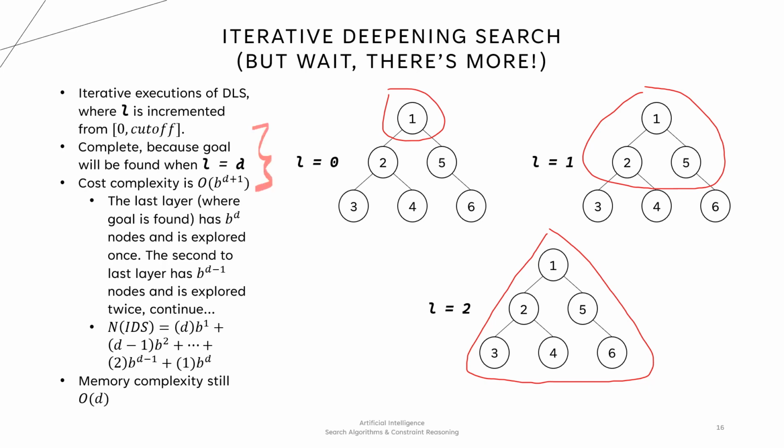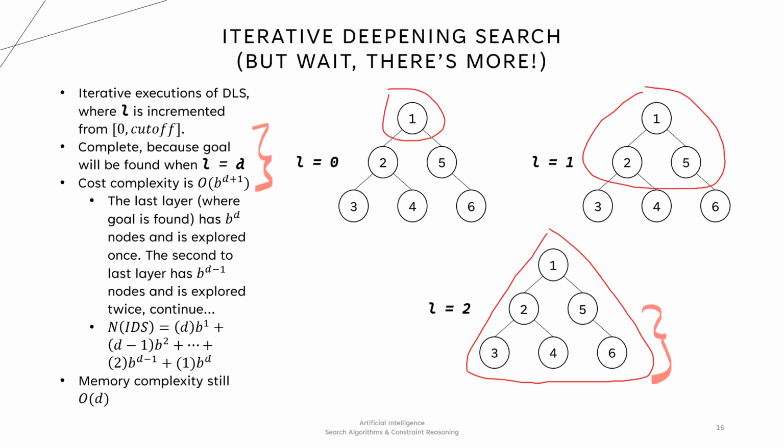And then the time complexity is O of B to the D plus 1. So the last layer, which is where the goal is found, because we're going deeper and deeper every time, it's kind of like breadth first search, where we're going layer by layer, in a sense. So in the last layer, where the goal is found, it's going to have B to the D nodes, and it's explored once.